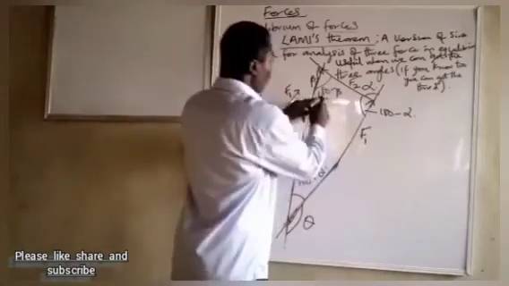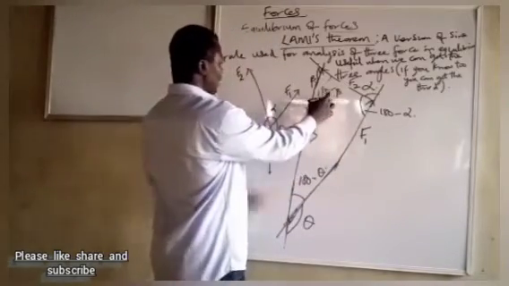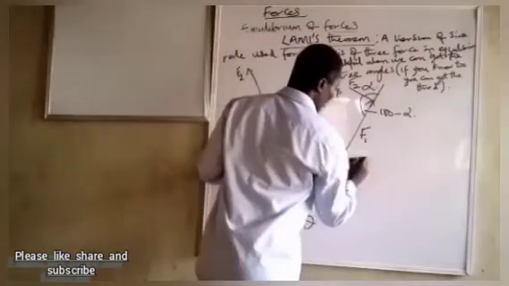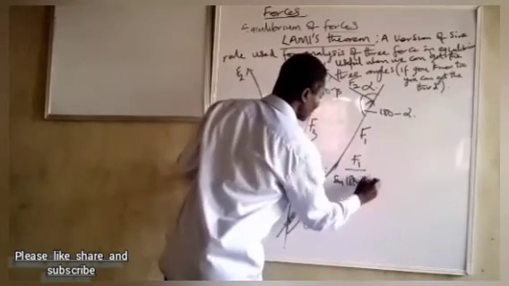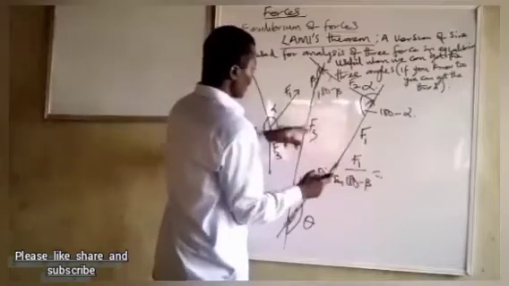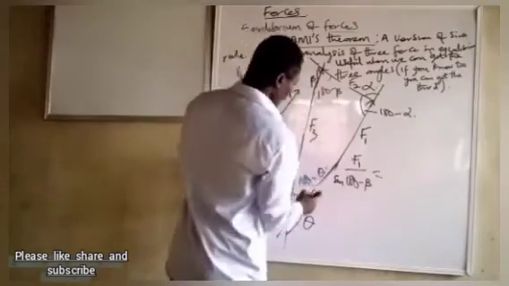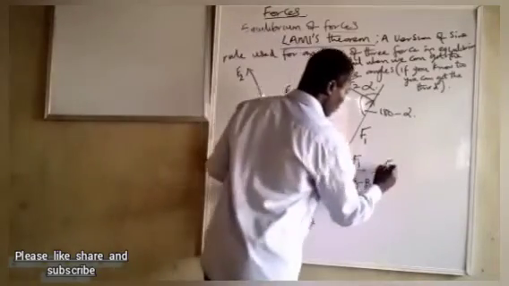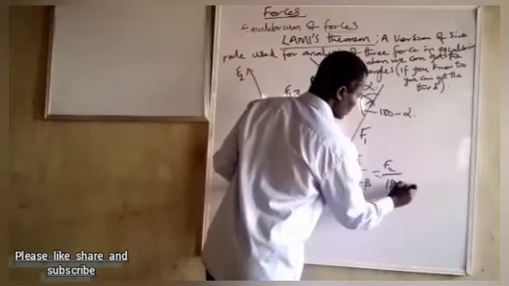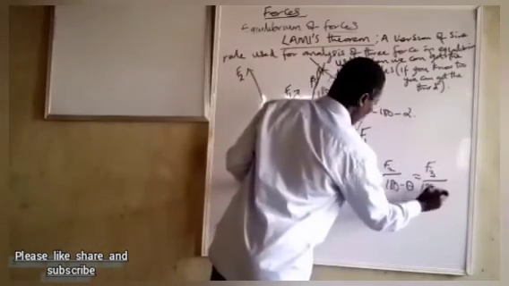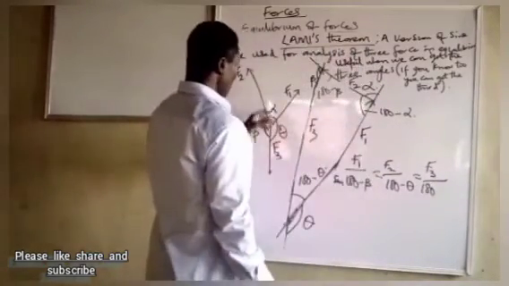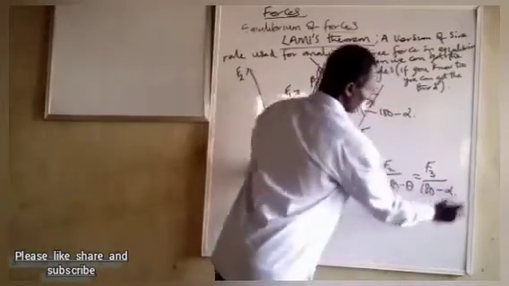That is F1 over sine 180 minus beta, that is this angle, is equal to F2 over sine 180 minus theta, is equal to F3 over sine 180 minus alpha.